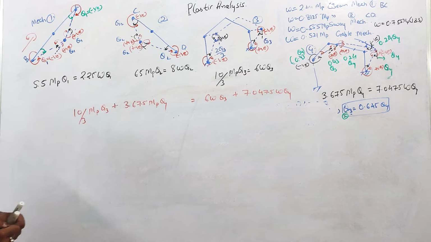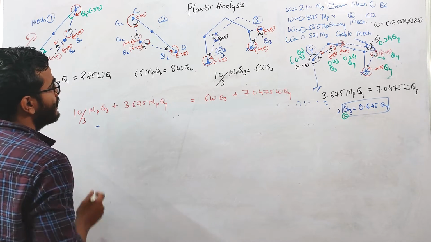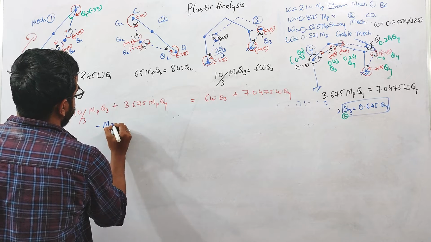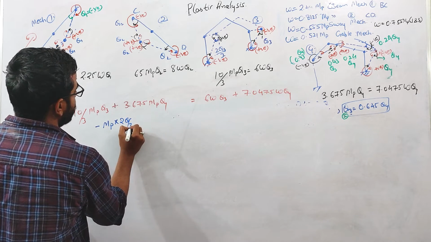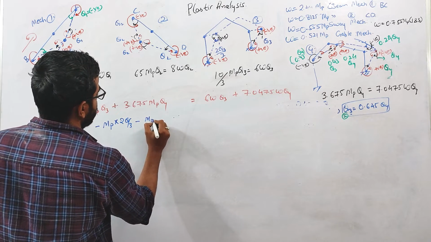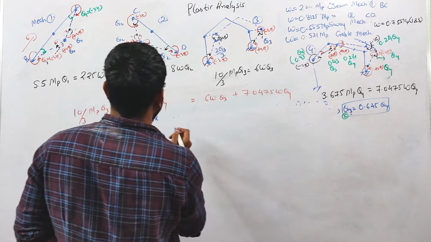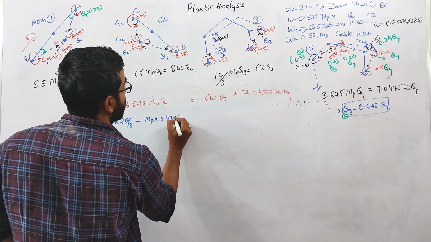Okay. At B, the plastic hinge is not forming, so we need to reduce that. So this will be minus MP into 2 theta 3 by 3, because at this point the rotation is 2 theta 3 by 3. Similarly, minus MP into 0.43 theta 4, as at this point the rotation is 0.43 theta 4.